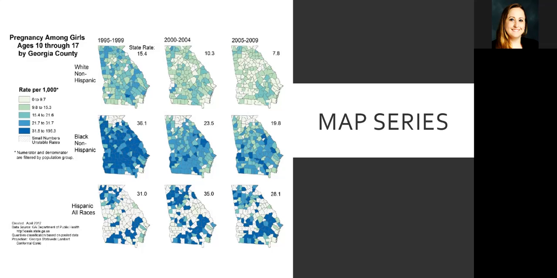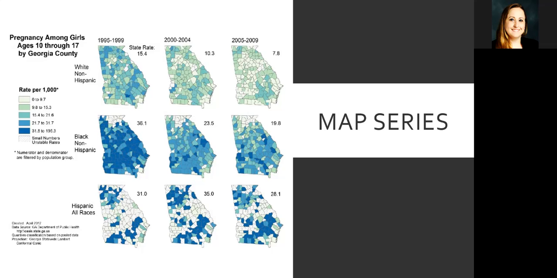And that way, not only can you compare race by the different columns, but you can also compare how the rates change by race over time. Pretty nifty. So, white non Hispanic females have lower rates, while, let's see, black non Hispanic also have lower rates.